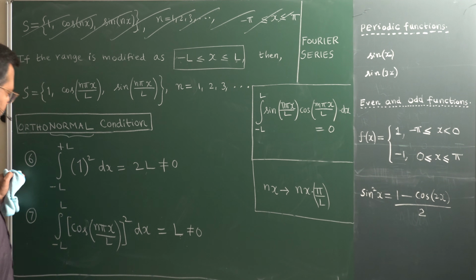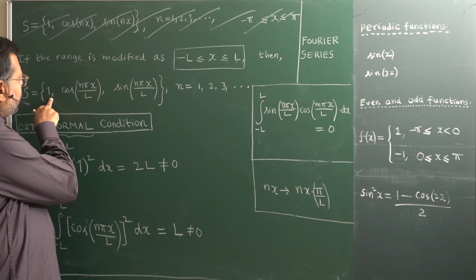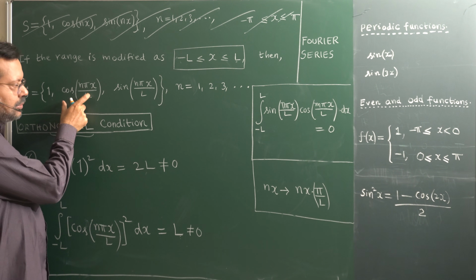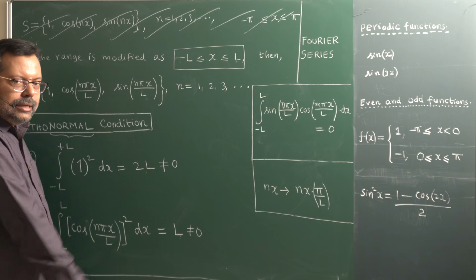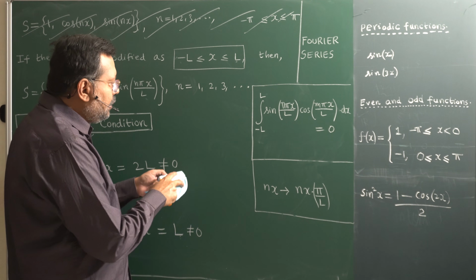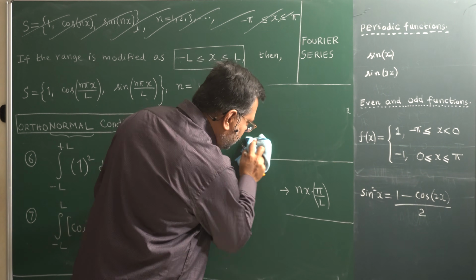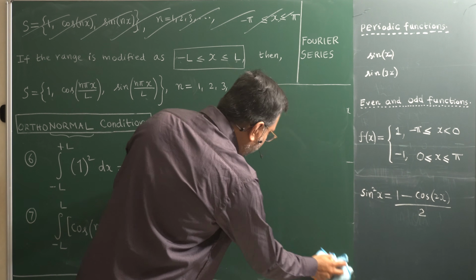So the 6th condition is clear, the 7th condition is clear. We have only one more condition, because 1 is over and cos n pi x by L is over. We are left with sin n pi x by L. So let us do it for sin n pi x by L, and then we can make the conclusion. Let me therefore do the integration for the sine square.